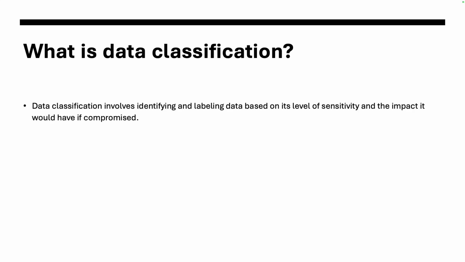To give you a bit more idea, data classification will allow you first and foremost to identify and label different sorts of data within your organization, and then based on the data you identify things like, hey, is it publicly available data, or is it something sensitive to a particular department, or is it highly confidential data. Once you have the data classification, you can further drill down and put sensitivity on top of it.